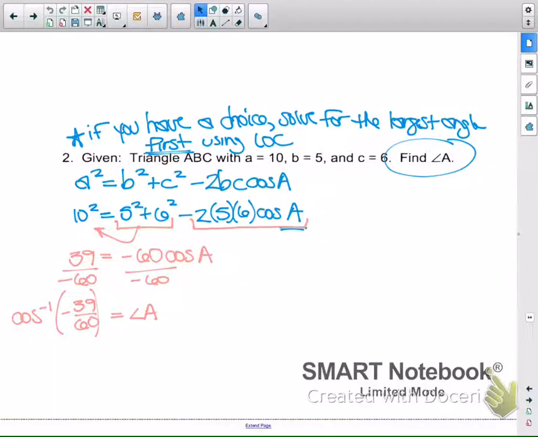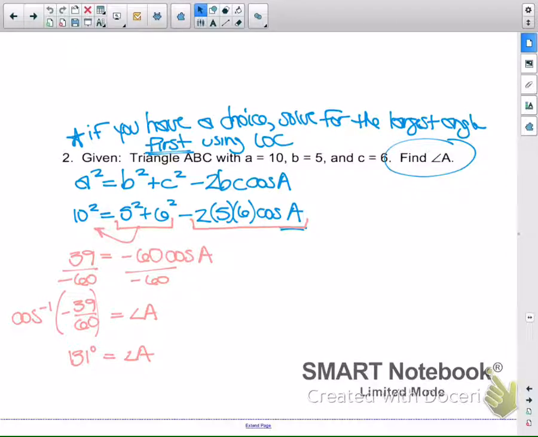No. So in my calculator, I'm doing inverse cosine of negative 39 over 60. This would be a great one where once you have this angle, which is about 131 degrees, you did get the obtuse angle, which means you really don't have to worry about the ambiguous case. You could totally just keep going to get the other two angles with law of sines. Okay? Or one of them and then subtract from 180. But you don't have to here.